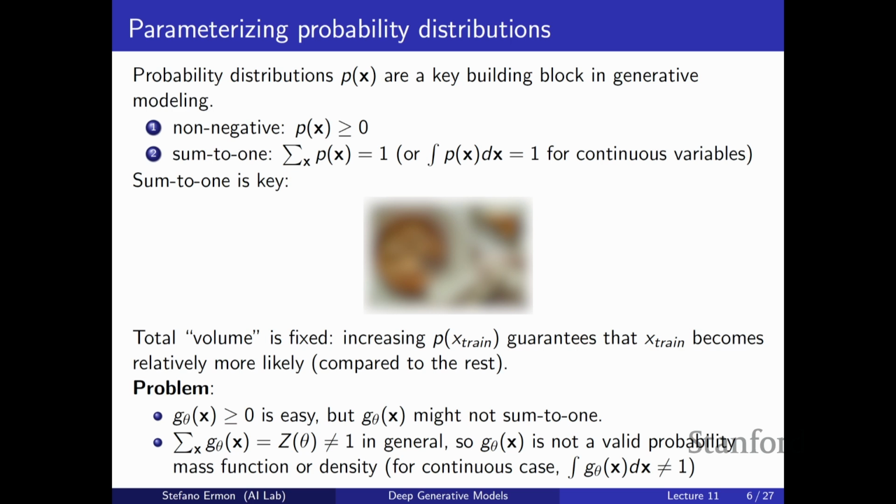Somehow what we need to be able to do is come up with a family of functions that are parameterized by theta. Ideally, these functions should be as flexible as possible, meaning that you would like to choose an arbitrary neural network, or very deep neural networks, with no constraints on the kind of layers that you can choose.